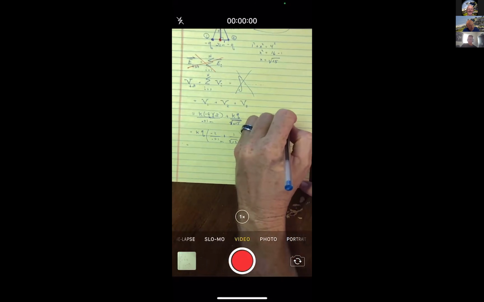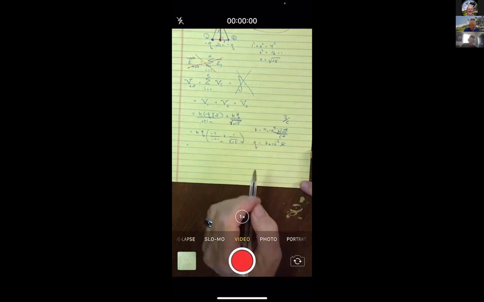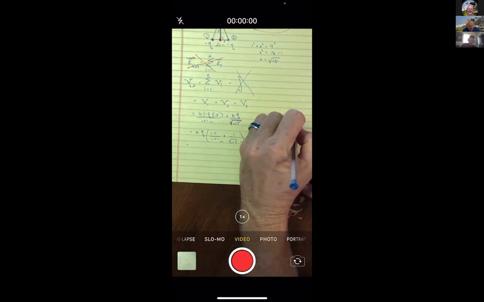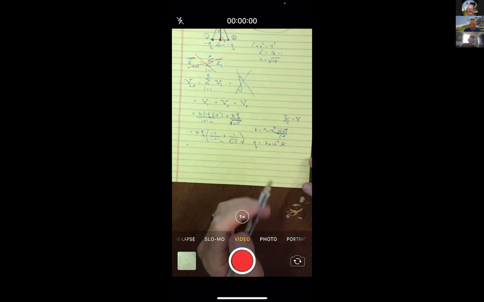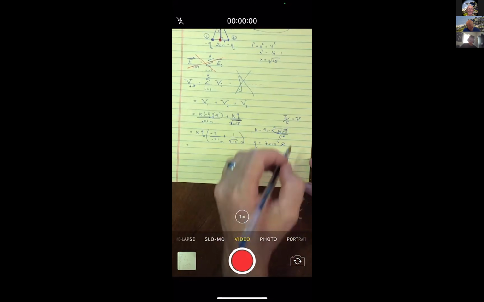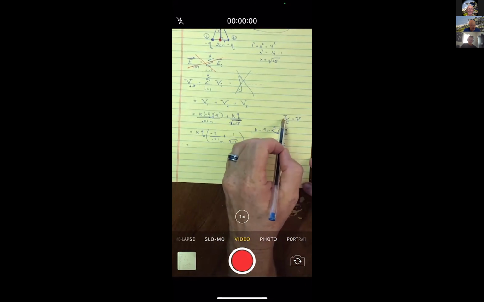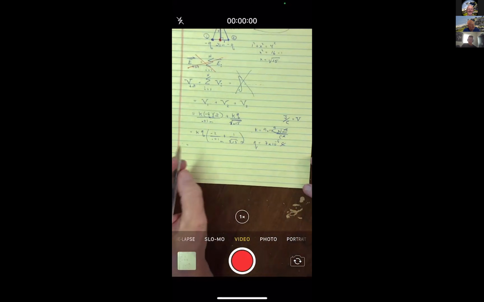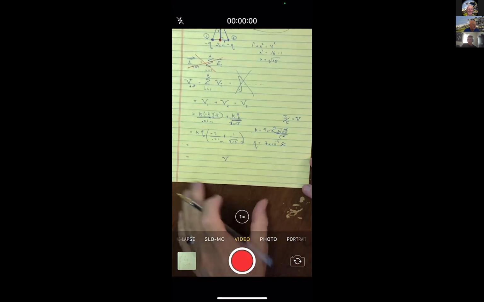A Newton times a meter is a joule, so this would be a joule per coulomb, and that is the unit of a volt. That is our definition of what a volt is. A volt is a measurement of potential. It is how much energy, joules, you would get for 1 coulomb of charge. So a joule per coulomb is a volt, and this comes out to be units of volts.